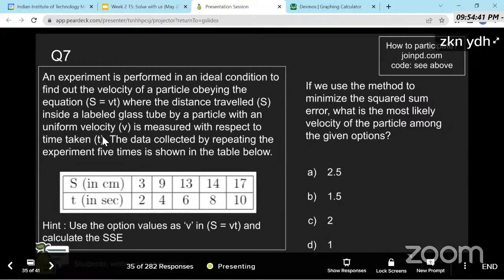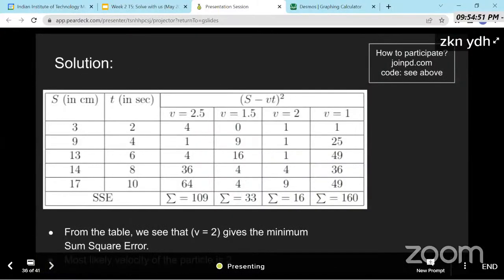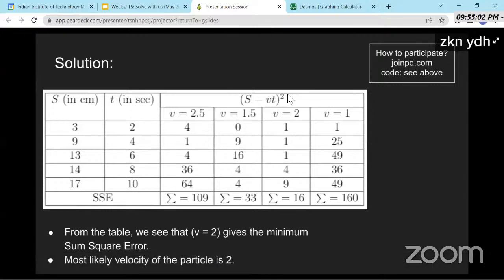So this is my predicted value, because when I use this equation, I get some values of S. The actual value minus the predicted value, the whole square, is nothing but your SSC. Clear? Okay, got it.